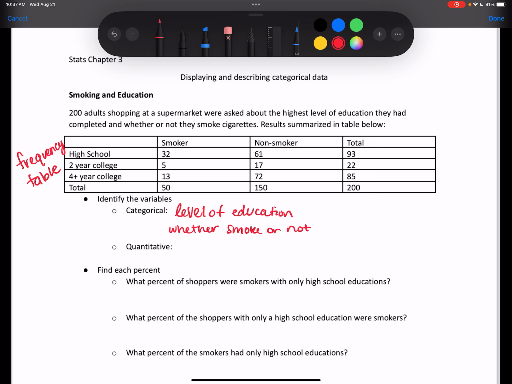Are there any quantitative variables? Technically speaking, just looking at it, no. But quantitative could actually be the education level by number of years.